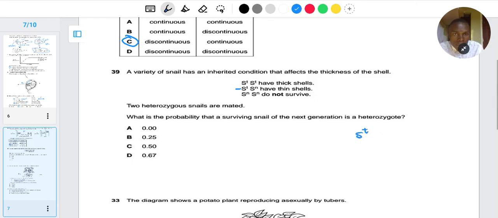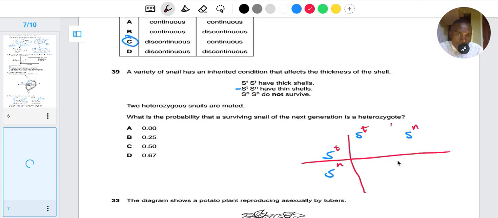Now let me just do this. Okay, so we have these. And just do this, we have these. So here we have a T, then here we have N. We have a T, then we have N. So I'm just going to use the Punnett square, then see what we are going to have.